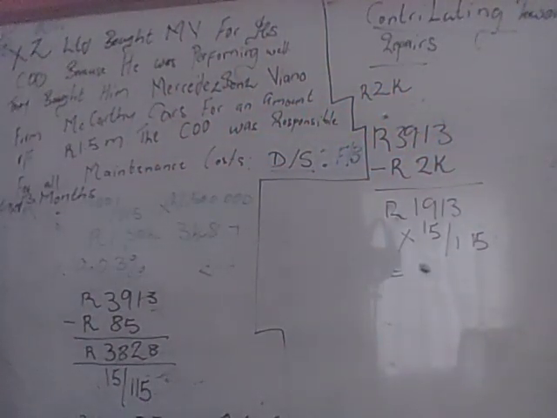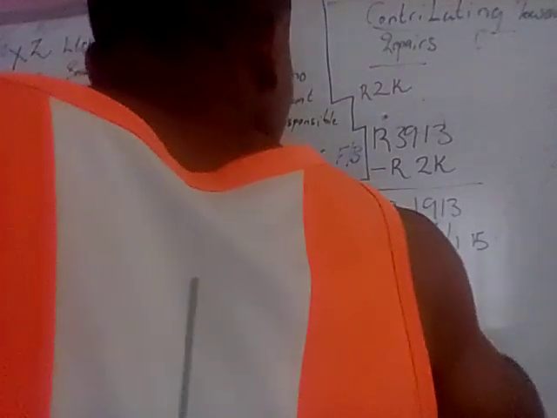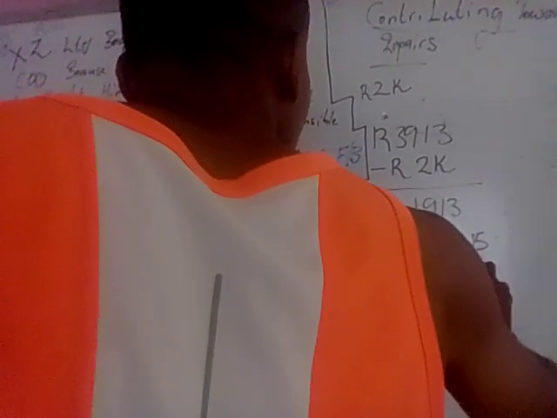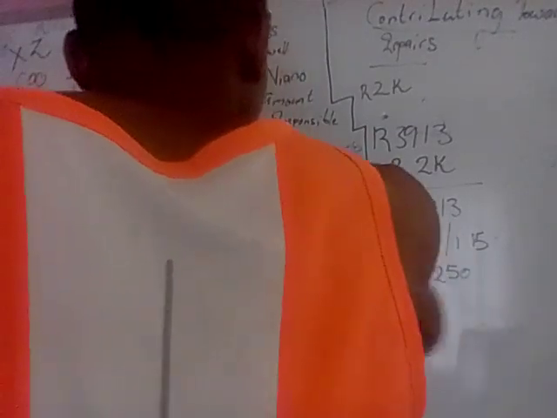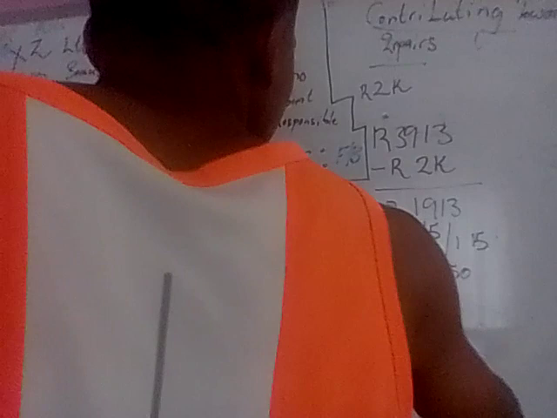So we'd have 15 divided by 115 times 1918. We have 250 as output VAT per month. But because he had use of the vehicle for 3 months, we say times 3.